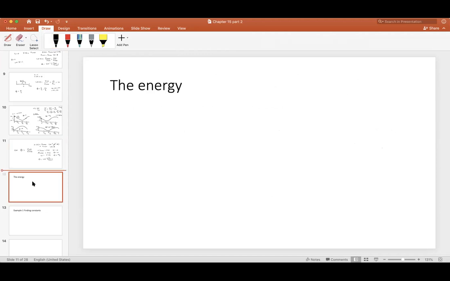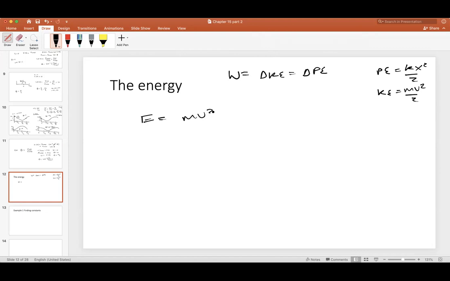Okay, so let's remember that by conservation of energy and work, the work energy theorem, the change in kinetic energy is the change in potential energy. Potential energy of a spring was kx squared over 2. Kinetic energy is obviously mv squared over 2. And therefore, the energy at any time is mv squared over 2 plus kx squared over 2.